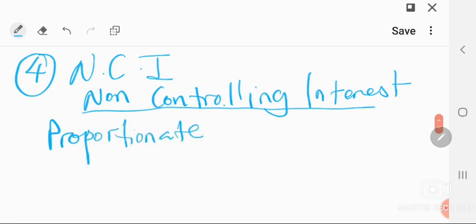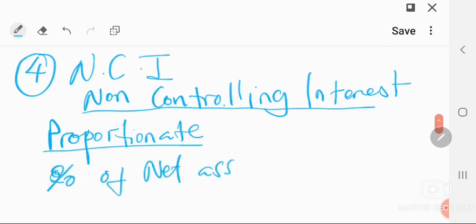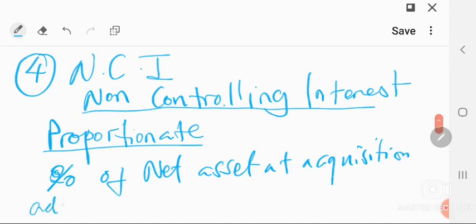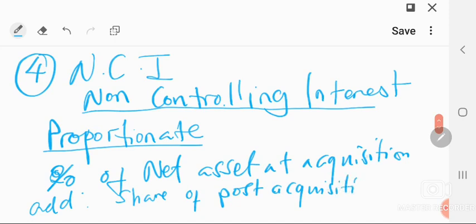For the proportionate method, you get a percentage of net assets at acquisition.